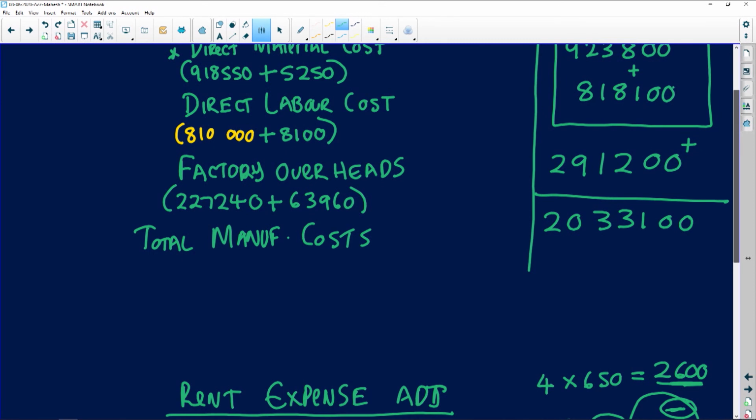To my total manufacturing cost, I now need to add work in progress at the beginning of the year. Right, so how much went into production from last year that was not completed for this financial year? What was your work in progress?